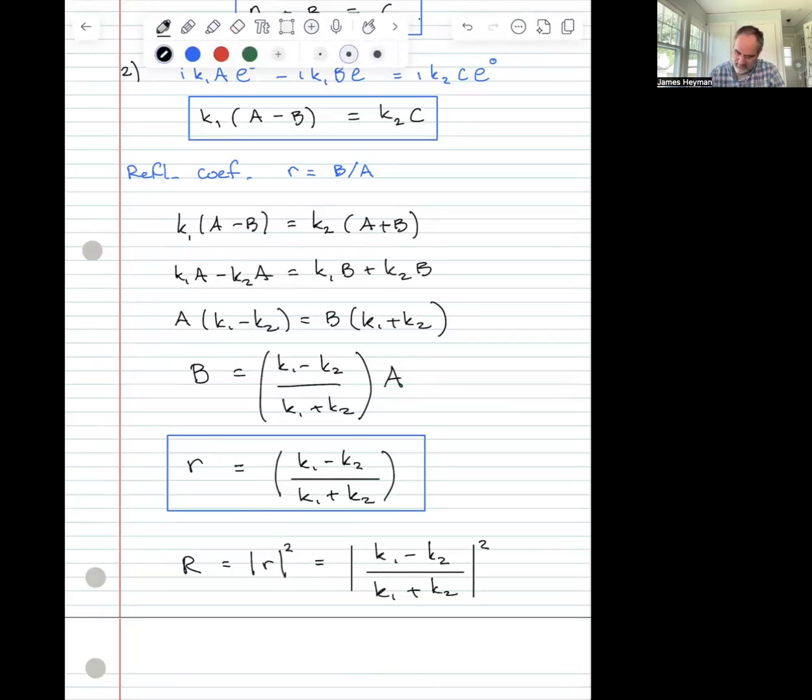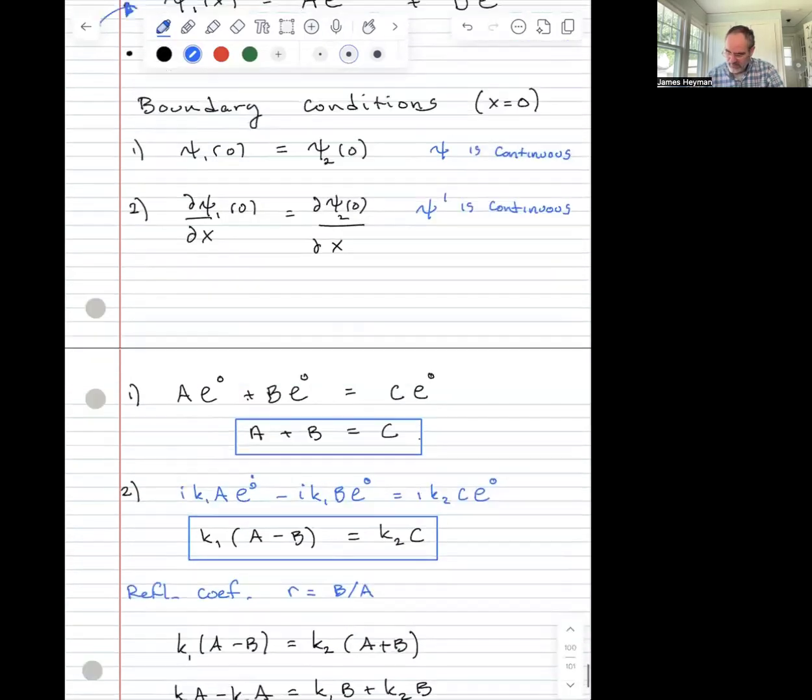There we go. For a particular problem, knowing the energy and the height of the step, we can find k1 and k2, and then we can figure out the reflection probability. Okay?